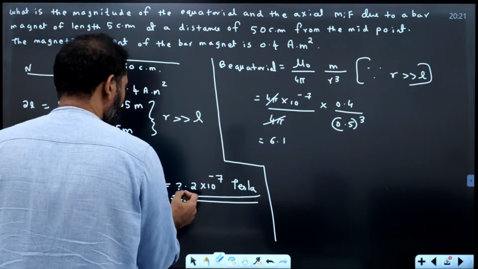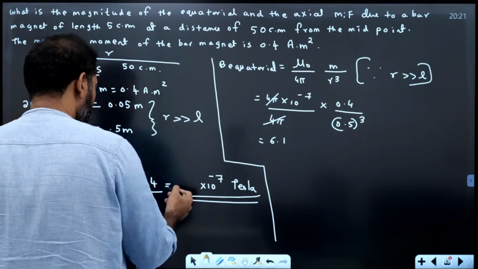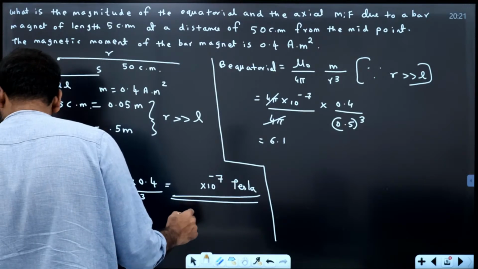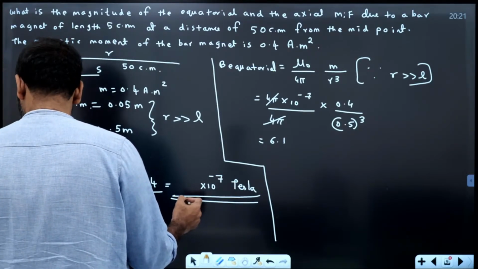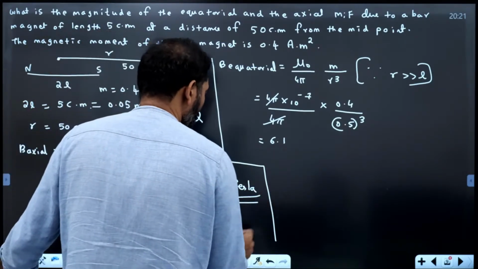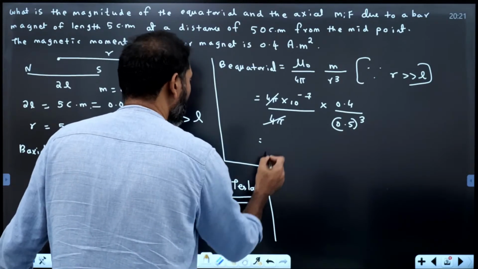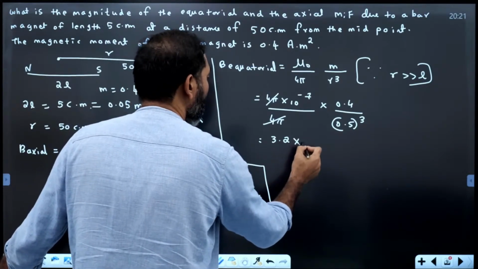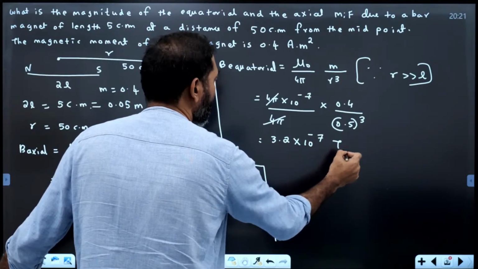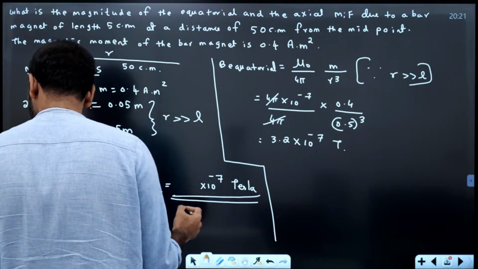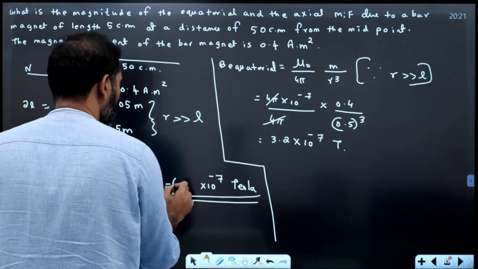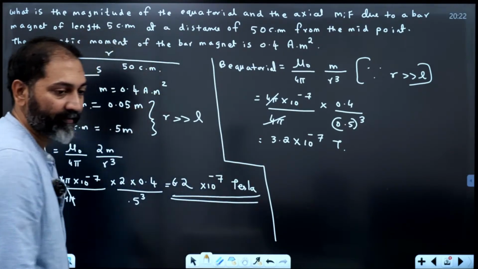When I copied the answer, the equatorial answer is 3.2 into 10 raised to minus 7 Tesla. The axial answer is 2 times of that. So 6.4 into 10 raised to minus 7 Tesla.